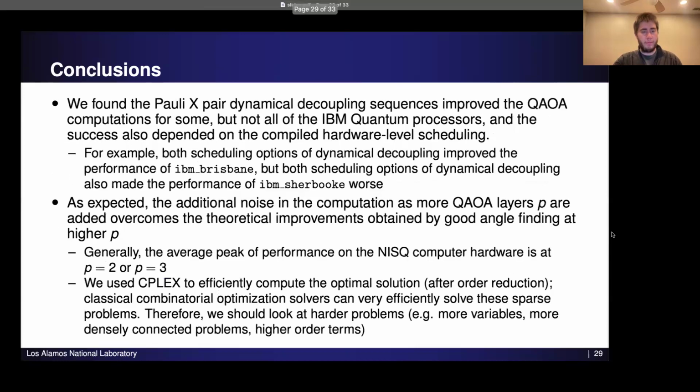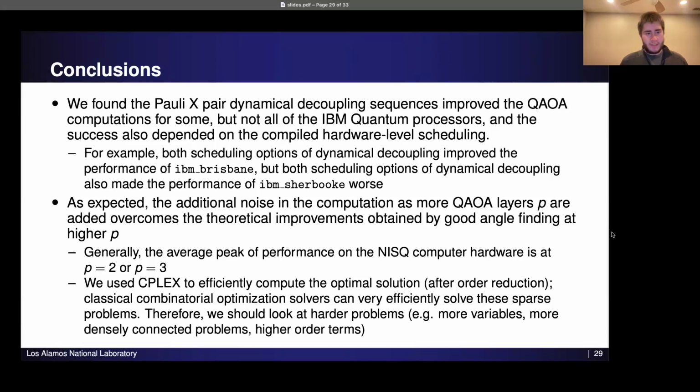We found that the poly-X pair dynamical decoupling sequences improved the QAOA computations for some, but not all, of the IBM quantum processors. And this success also depended on the compiled hardware level scheduling. So in some cases, we did see a difference between ALAP and ASAP scheduling.